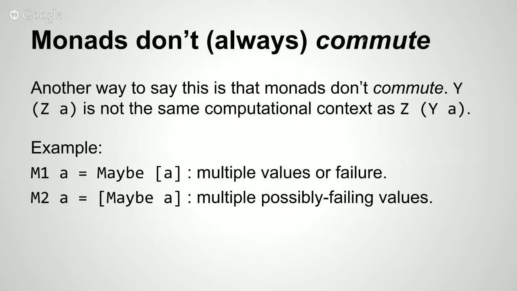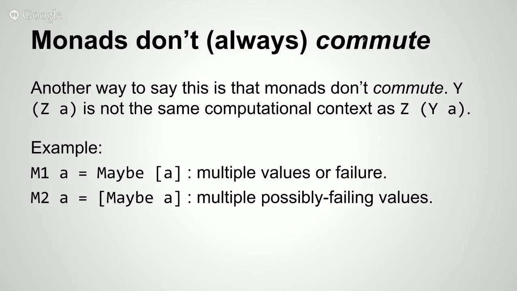So another way to look at this is to say that monads don't commute. Y of Z of A is not the same computational context as Z of Y of A. One can print out a bunch of Y's and then print out a bunch of Z's, and that returns an A. The other one can print out Z's and then Y's and return an A. And for example, let's look at the two ways of composing maybe and list. Maybe of list of A says, I either fail or I return multiple values.